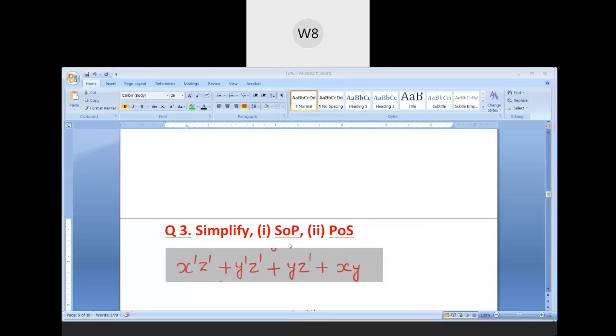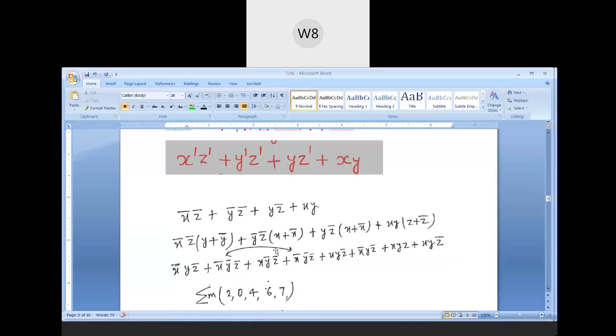Okay, so for simplifying it and for finding out SOP, we of course need to represent this function as a sum of min terms, a step which we took for the previous problem. As I mentioned, there are two ways in which this can be done. One is multiplying each of the terms by a suitable term, so that every term ultimately has all the variables present.